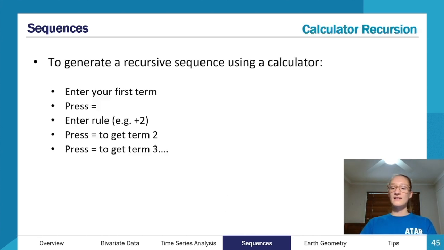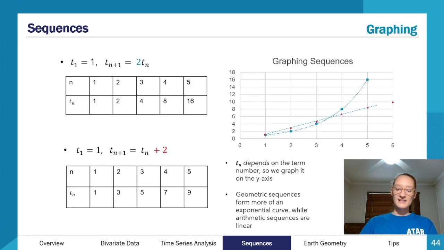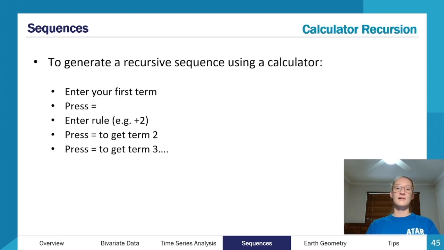And that separation is only going to get further as we continue on, because this is going to keep following that same straight line forever, but this is going to keep doubling and doubling. It's so interesting to think about how they're modeled and represented differently, and it's especially obvious when we compare them on the same graph. So like I said, geometric sequences, we're thinking exponential curve, whereas arithmetic sequences are linear.